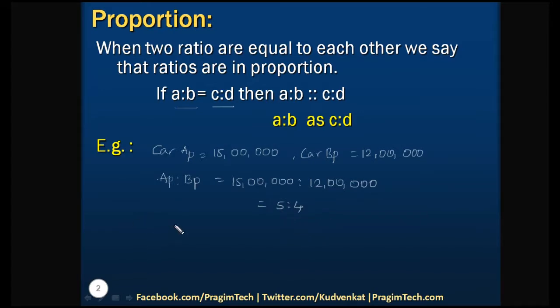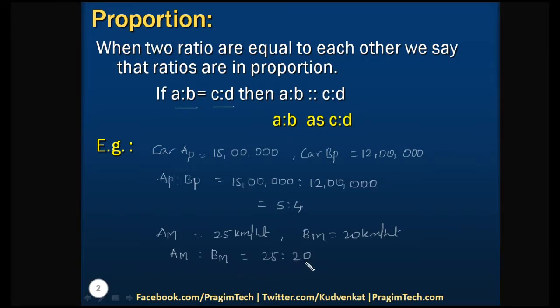Now let's take mileage of car A. I'll represent it as AM, which is 25 kilometers per liter, whereas car B mileage is 20 kilometers per liter. If we want to represent it as a ratio between these two, it will be AM is to BM, which equals 25 is to 20.